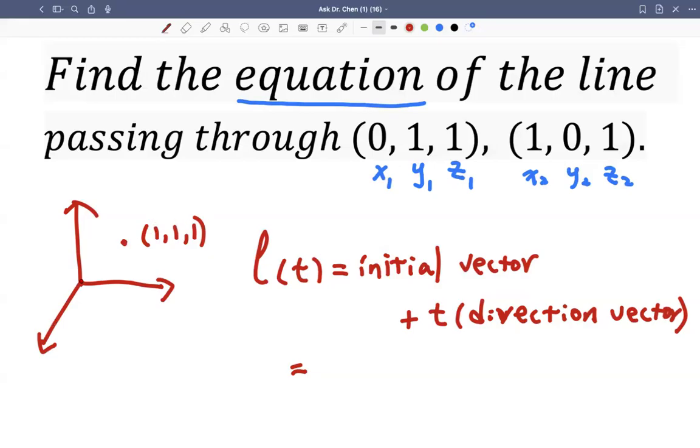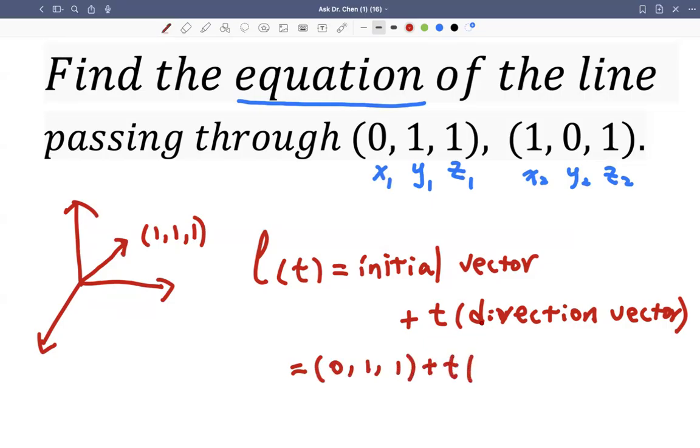Another way, I can treat it as a vector starting from the origin and ending at this point 1, 1, 1. So basically any point we can treat as a vector, and the initial point is the origin. All right, so let's treat 0, 1, 1 as our initial vector, with the variable t.